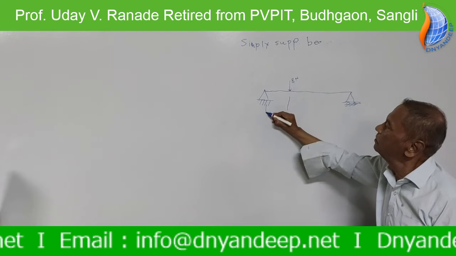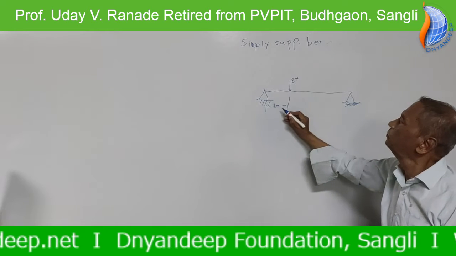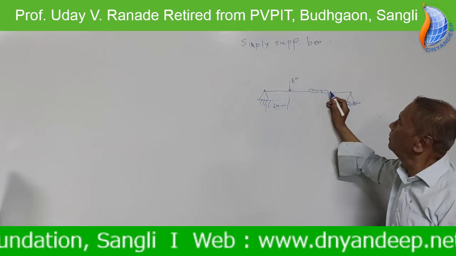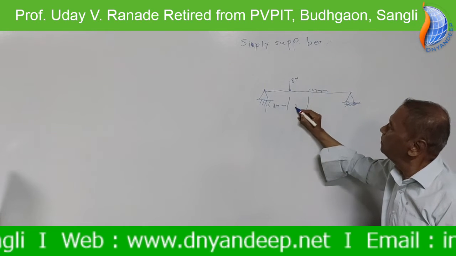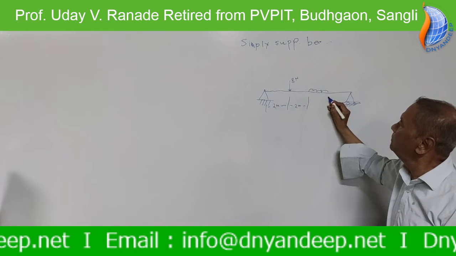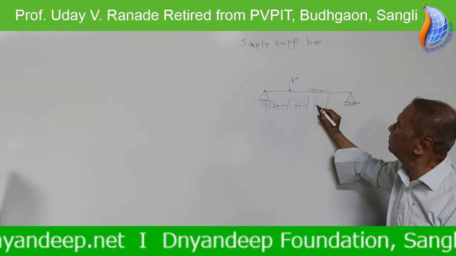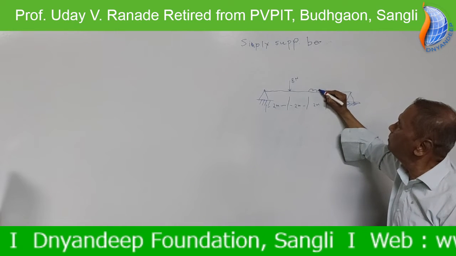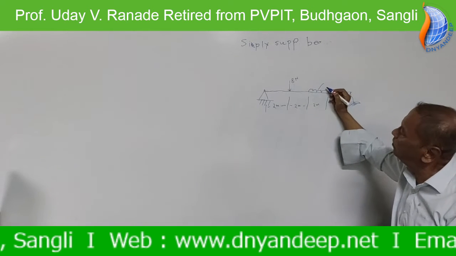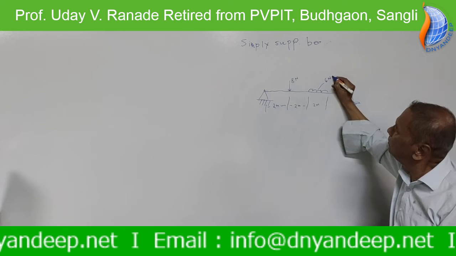This distance is 2 meters, and this is say 2 meters, and this is say 2 meters, and intensity of load, this is UDL or uniformly distributed load, say 6 Newton per meter.